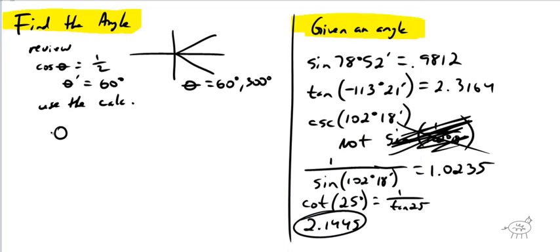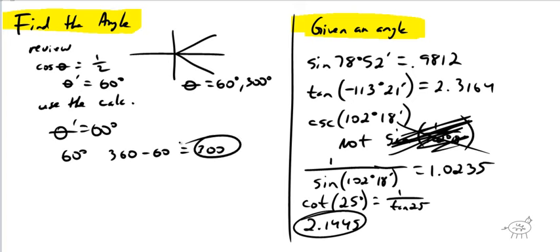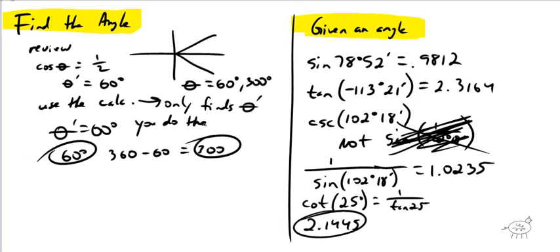You're going to say theta prime equals 60 degrees, and then you just have to know that 60 degrees is one answer. Then you have to know to say 360 minus 60 gives you 300 degrees. So you've got to do a little bit of work in your calculator. It's only going to do so much for you. Using the calculator only finds theta prime. You do the rest.